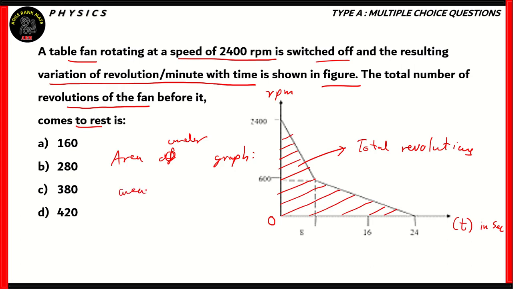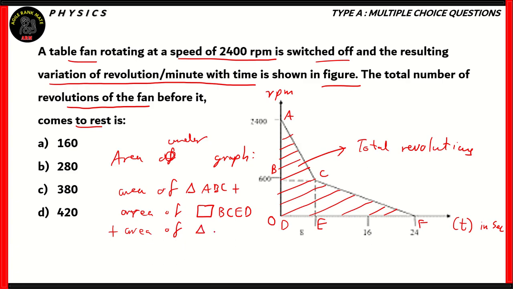So we have, let's assign points A, B, C, D, E, and F. So area of triangle ABC plus area of square BCED plus area of triangle CEF.